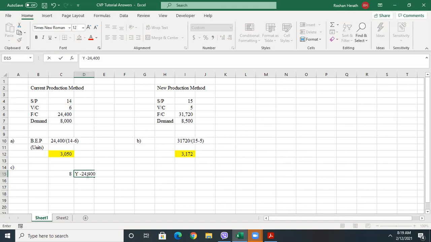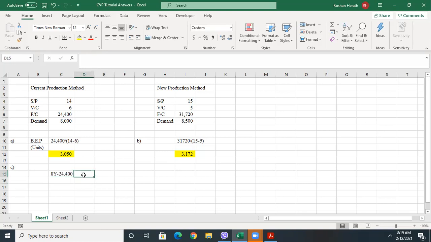That is your profit. And that must be equal to the profit under the other method. Taking the formula is a little difficult, sorry for that.